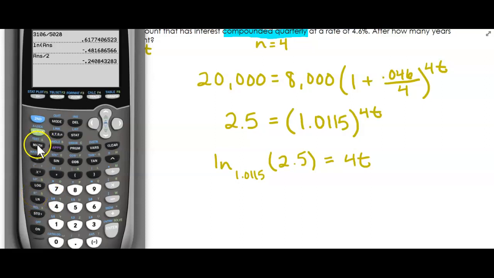Some of the calculators, if you go into this button that says math, and on this first list that is math, if you scroll to the bottom, you'll see that there's an option A that says log base. This allows you, when you press enter, to type in whatever base you need or want or have for your log. It does not have to be 10, does not have to be e, it can literally be anything.